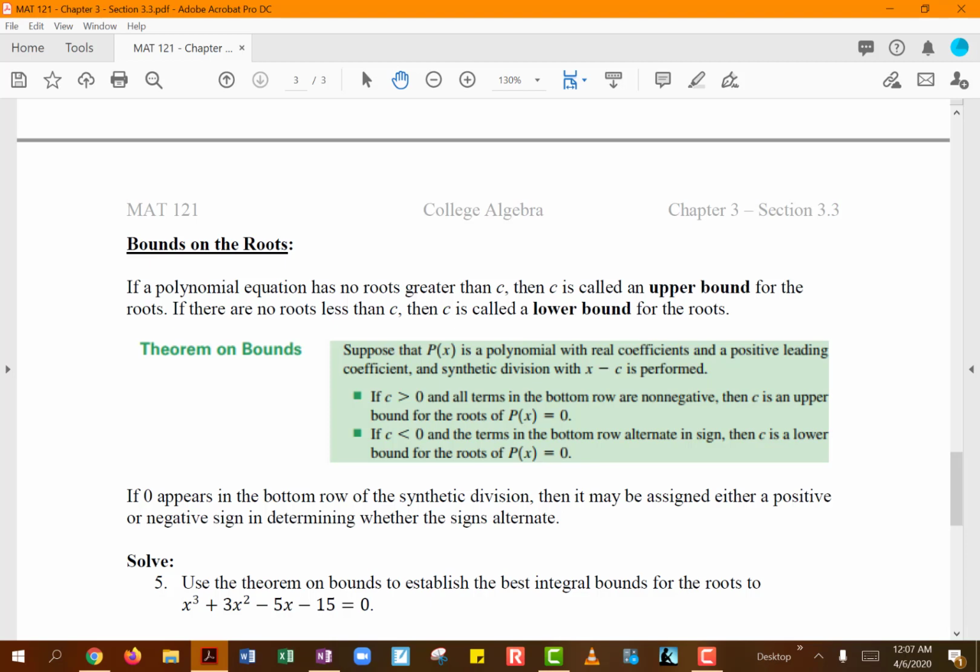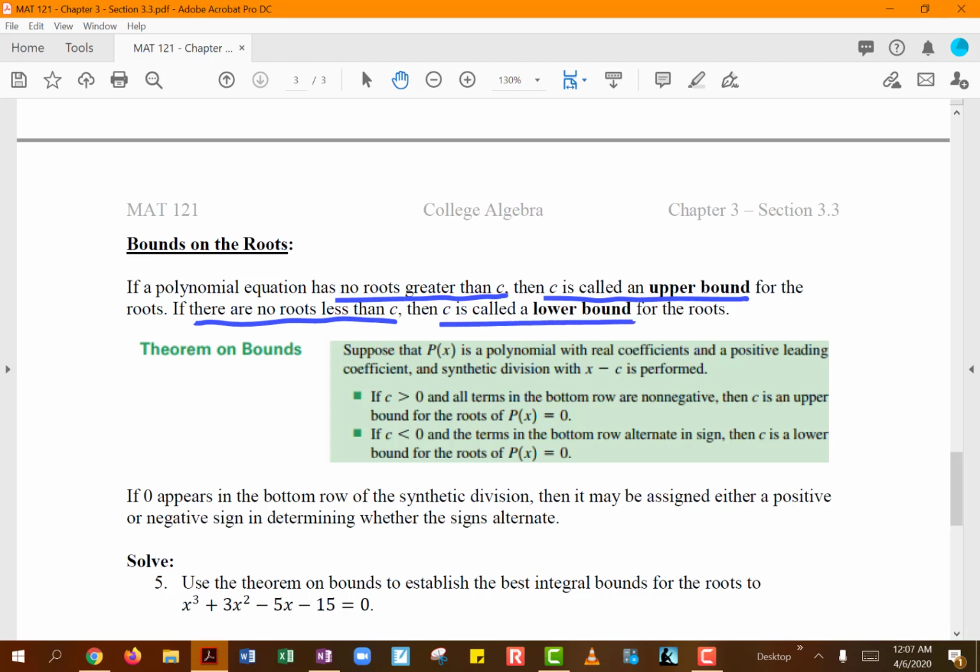So they're saying if a polynomial equation has no roots greater than c, then c is your upper bound, or on the other side, if there are no roots less than c, then we can say c is the lower bound. Okay?